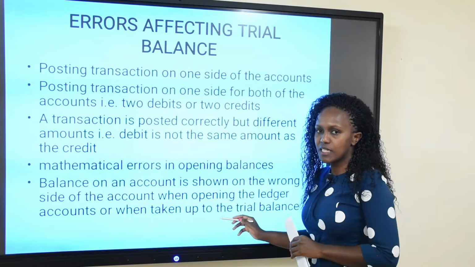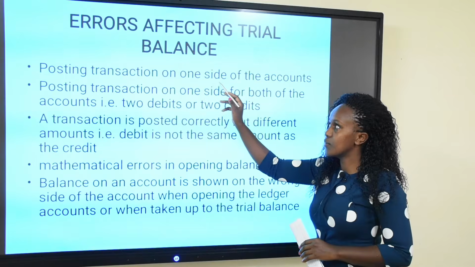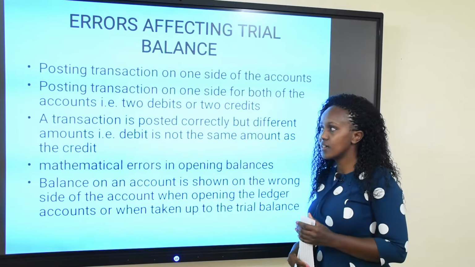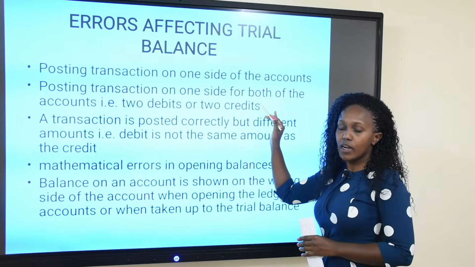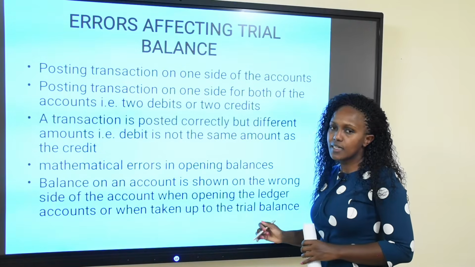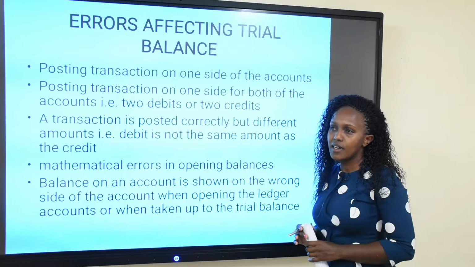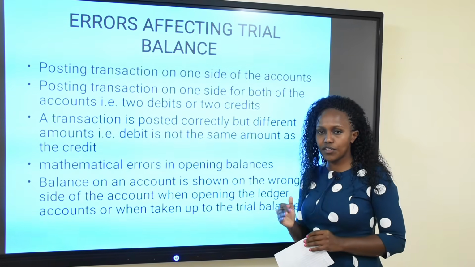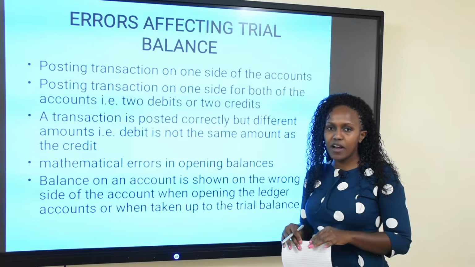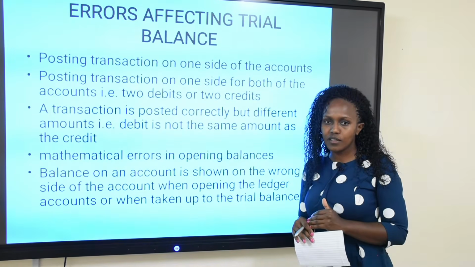Now, single posting is the first error here. We are saying single posting on one side, posting on one side for the two accounts. All these errors affect the trial balance. Now, one side of the trial balance, either the debit or the credit, will end up having a lesser amount.